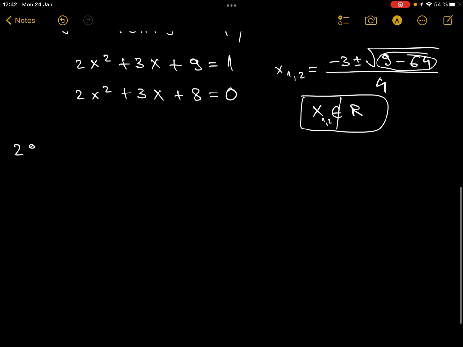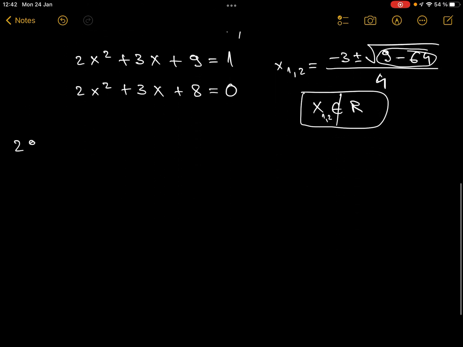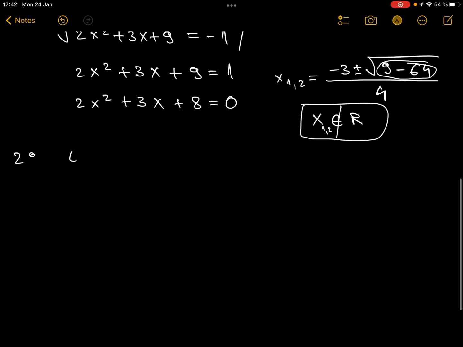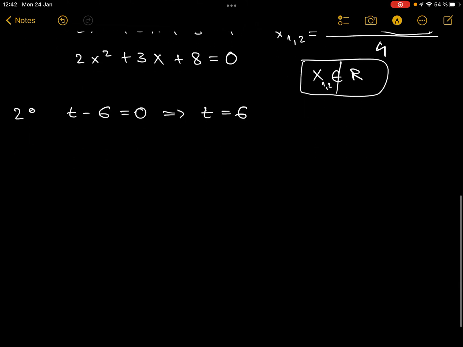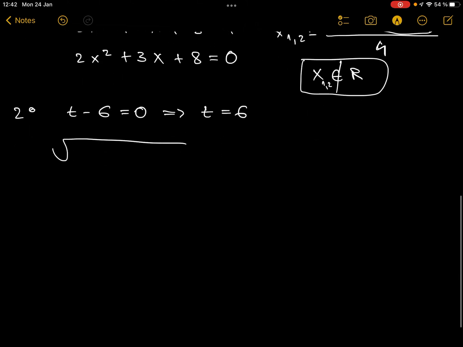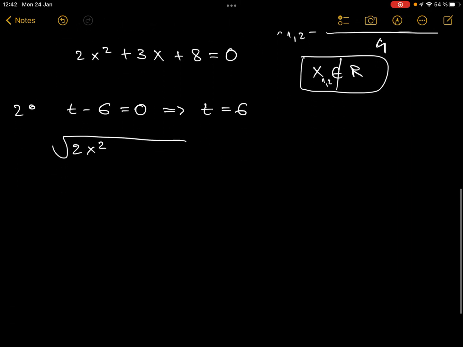The other possible case is that t minus 6 is equal to 0, or in other words, t is equal to 6, or the square root of 2x squared plus 3x plus 9 is equal to 6. And we can square both sides now.